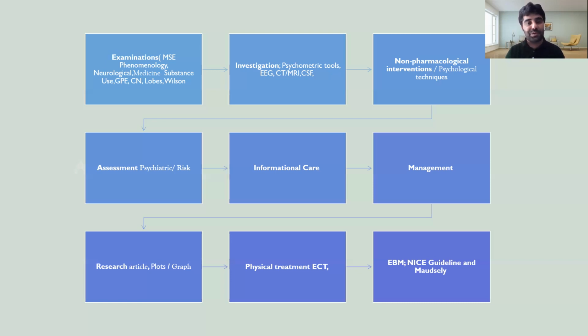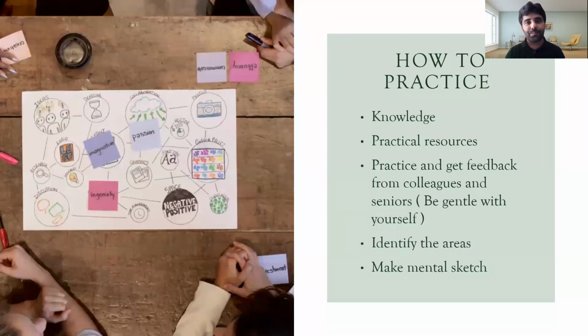Physical treatment, as I mentioned, ECT, and evidence-based medicine includes the guidelines from the Maudsley and NICE guidelines regarding specific treatments like stepped care approach for OCD, stepped care approach for depression. So these are some of the areas which are tested in the intermediate module clinical exam. You should know these areas.